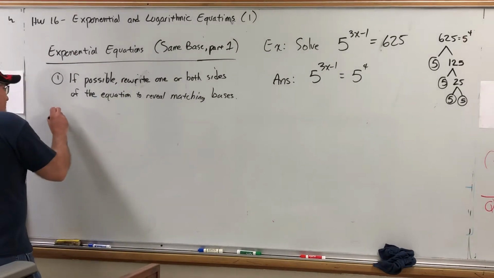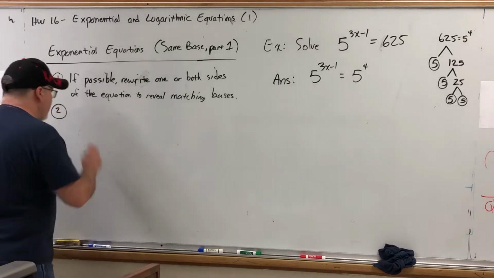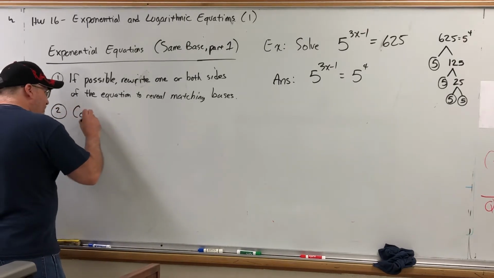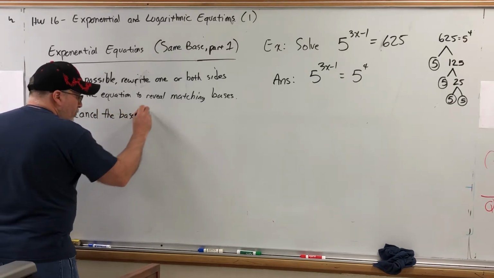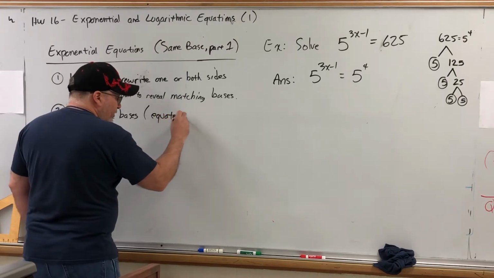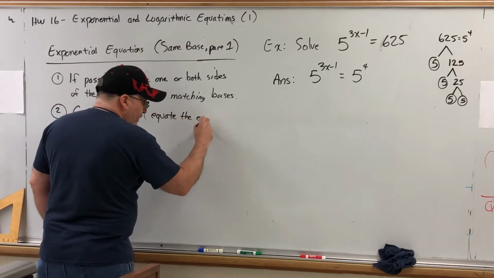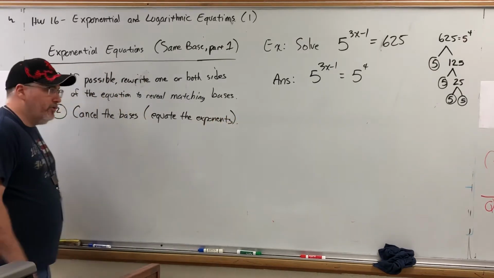If you can get the same base on both sides, your second step, in fact the rest of the steps are pretty easy. Cancel the bases. That's not what really happens. What really happens is you're equating the exponents. Equate the exponents. To equate things means to set them equal to each other.